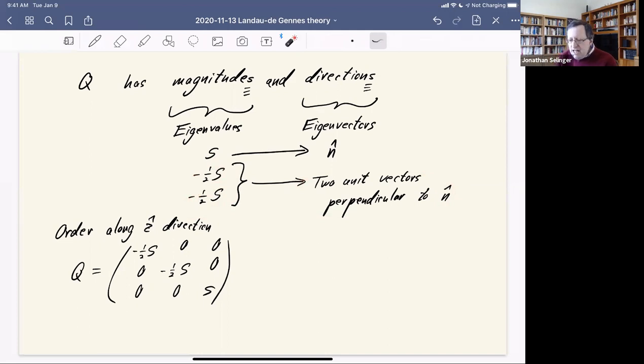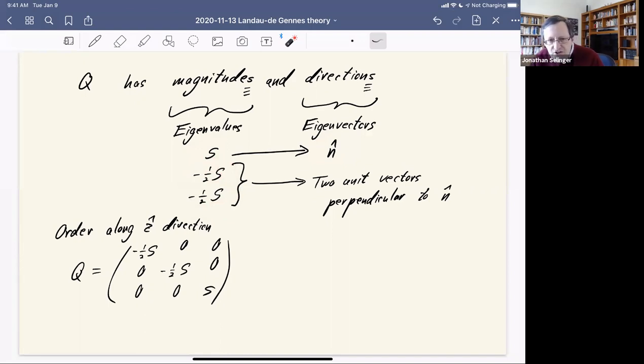Any of those would be an eigenvector associated with this eigenvalue of -1/2 S. So this Q has one special magnitude and special direction, and the other two equivalent to each other.